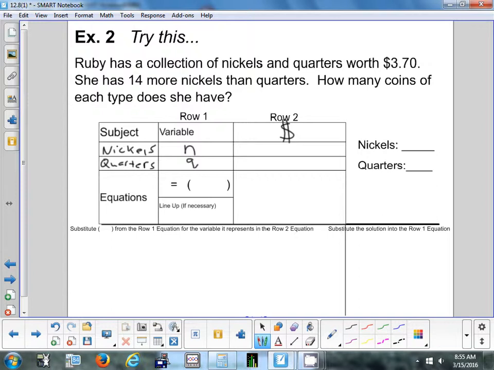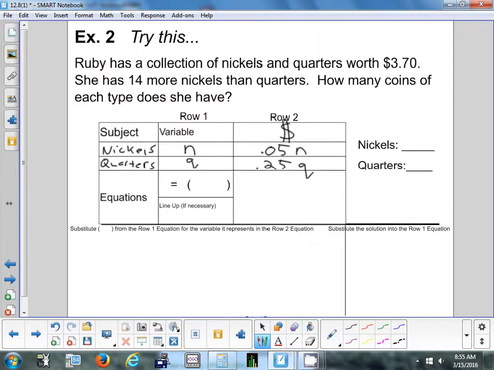What's the N worth? 0.05 N. What's the Q worth? 0.25 Q. Now, when we set up our equations, equation 1 is going to use the letters above, the N and the Q. Equation 2 is going to use the letters above it, 0.05 N, 0.25 Q.